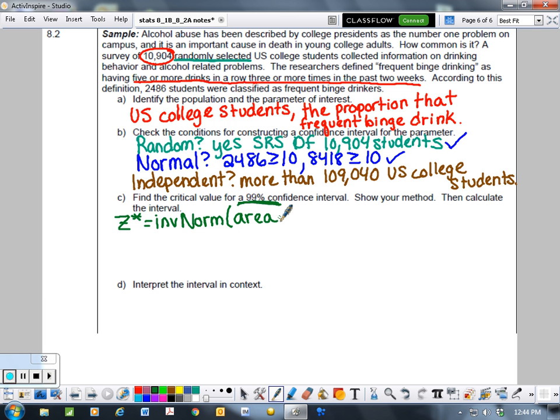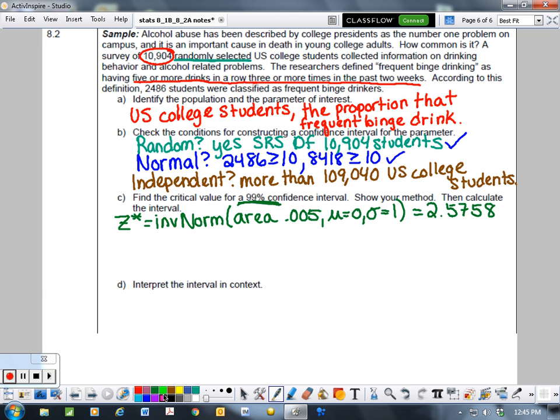So if I have 1% left over, I want half of that 1%, which is 0.005, a mean of 0, and a standard deviation of 1. So inverse norm. So my critical z-value is 2.5758. And we're good there.